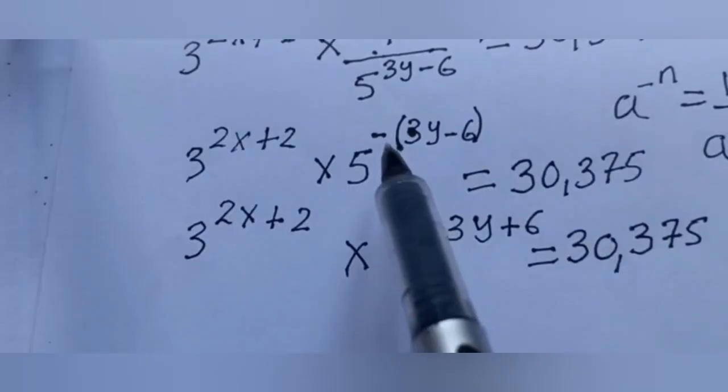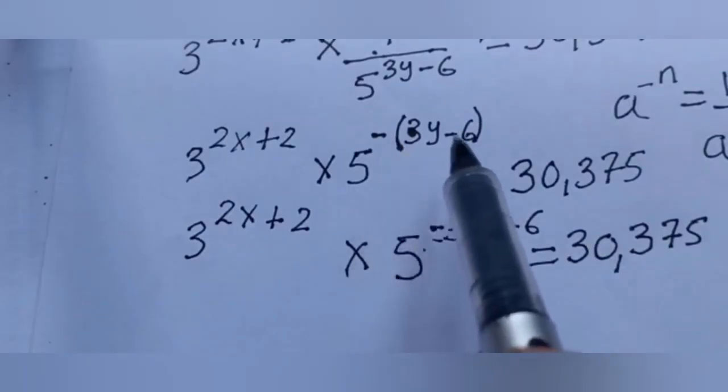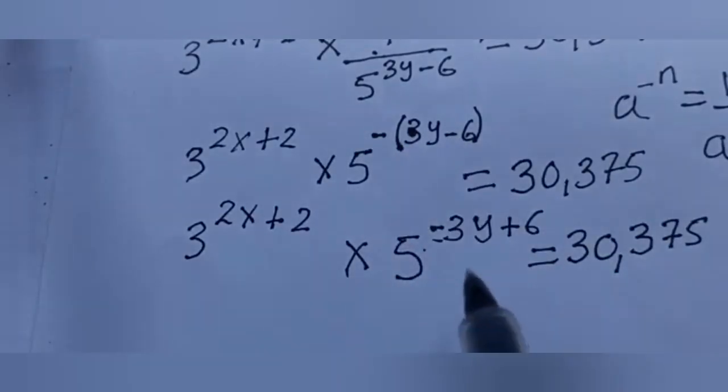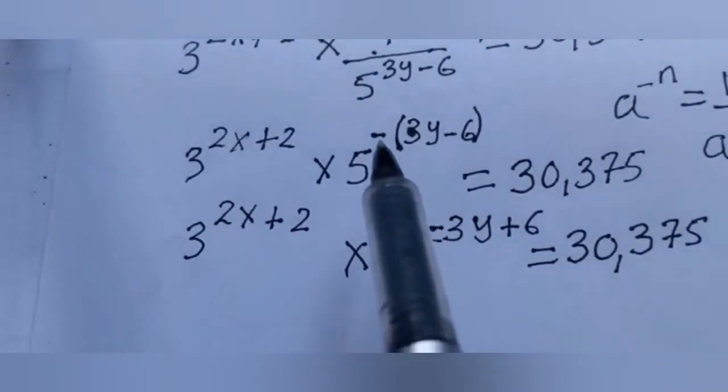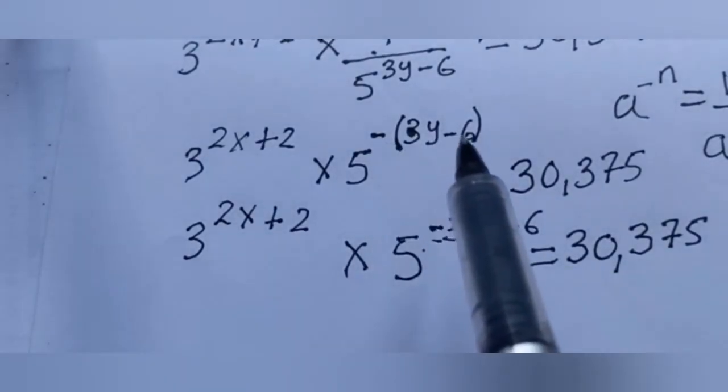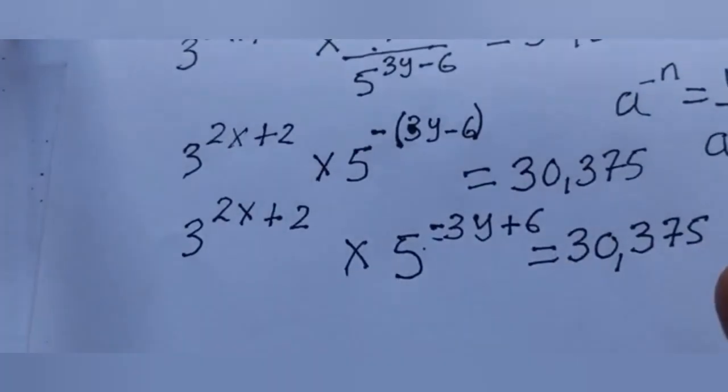We know negative 1 times 3y, we get negative 3y. Negative 1 times negative 6, we get positive 6.